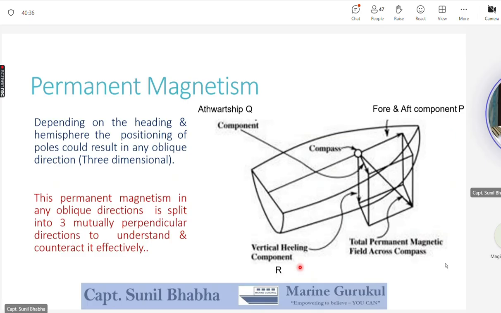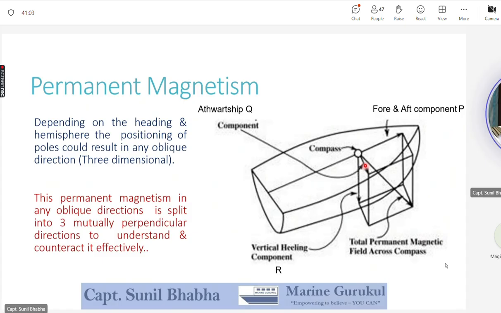Now, why are we breaking it up into three vectors like these? This is because it is very difficult to counter the permanent magnetism in an oblique direction in any 3D orientation. But when you split it up in three mutually perpendicular directions, that is fore and aft, athwartship, and vertical, it becomes easy for us to counter all these three components one by one.